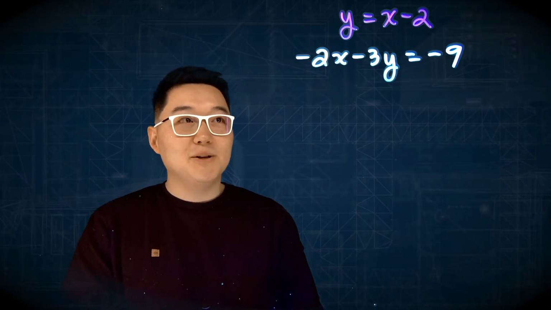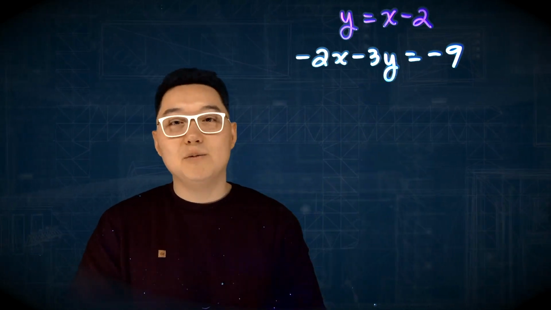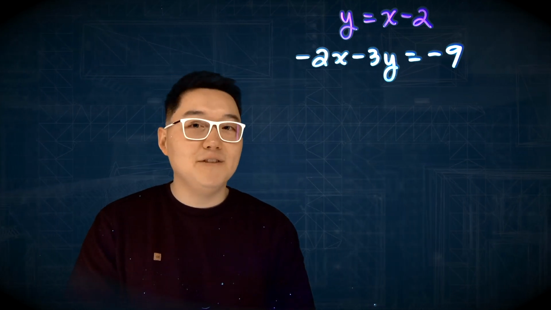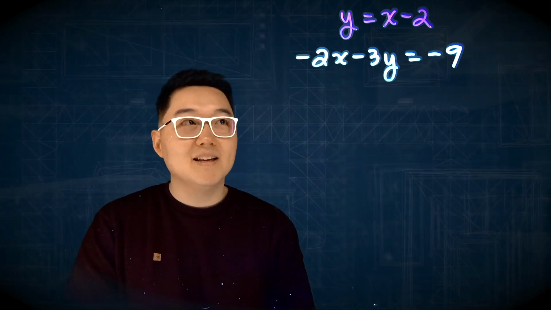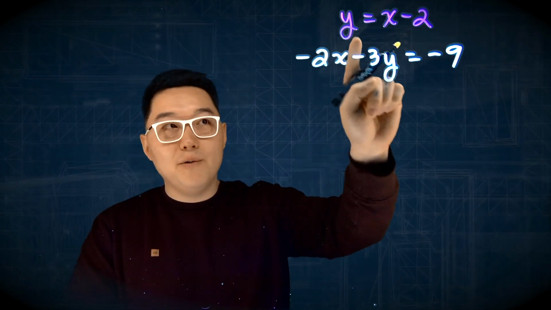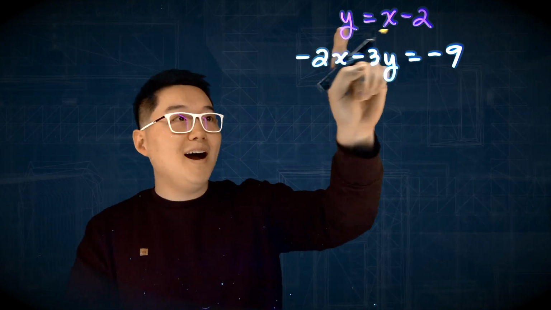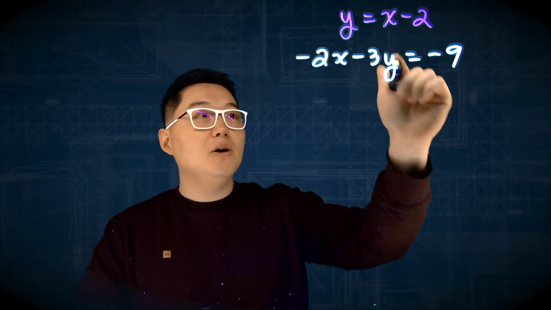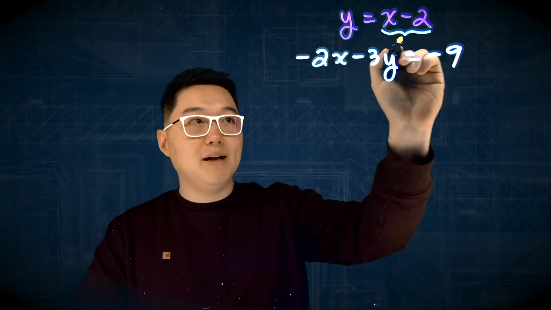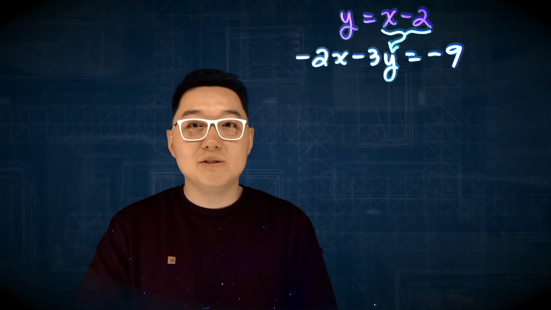Okay, so here's another example of a system of two linear equations, and we're going to use the substitution method to figure out the solution. Now y is already isolated. y is equal to x minus 2. Since y is equal to x minus 2, we can substitute x minus 2 for y, because that's what y is equal to.